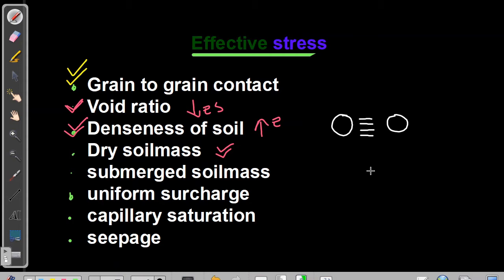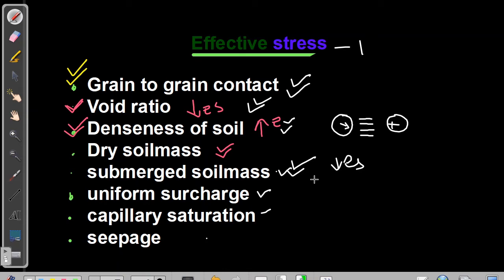We know from fluid mechanics, water is also incompressible, so water also doesn't compress. It means that grain to grain contact becomes difficult. It means that due to submergence of soil, effective stress decreases.